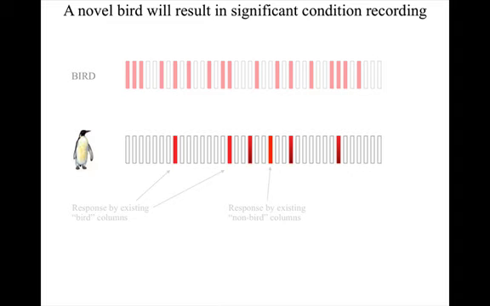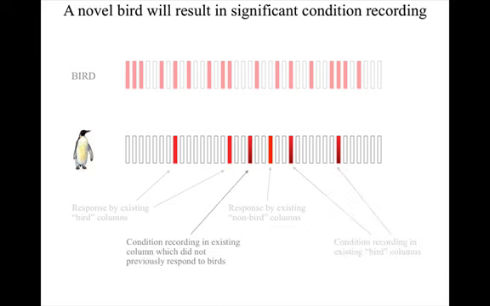So there's going to be receptive field expansions to increase the number of activated columns. And I've indicated the presence of expansion by red that gets a bit darker towards the bottom of the column. Some of those expansions will be by modules that have responded earlier to other bird experiences, so they'll have some bird-appropriate recommendation strengths, again like saying that's a bird.